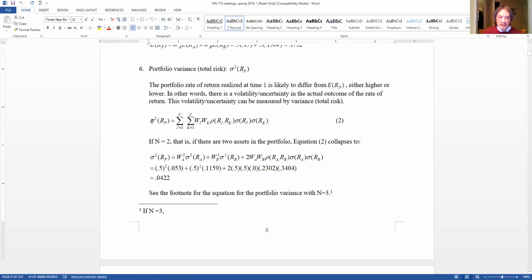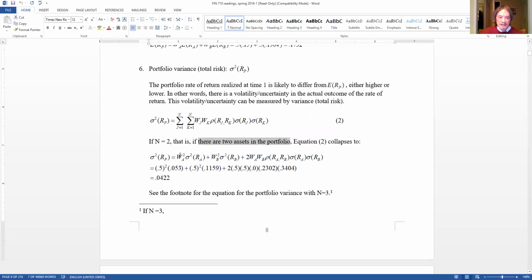Now this is the general equation for the variance with double summation. But if n is only 2, in other words, we have only 2 assets in the portfolio, then this equation becomes this following equation. Now, fortunately, we have all the numbers for this equation.